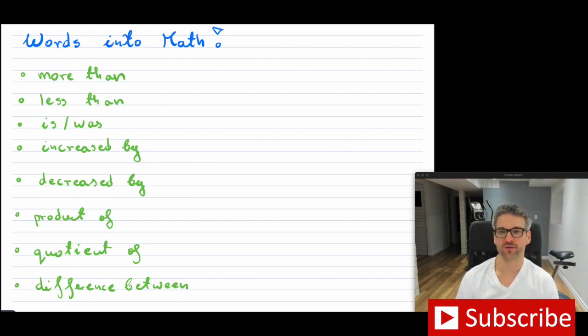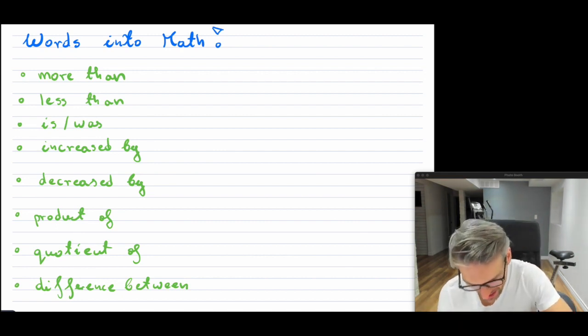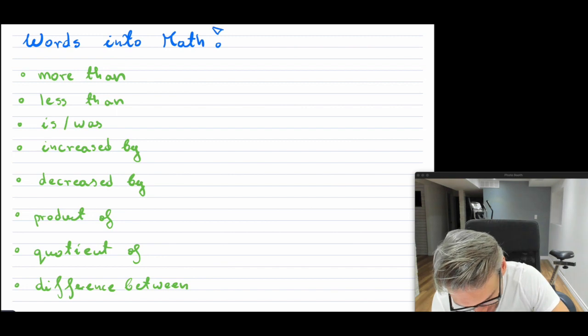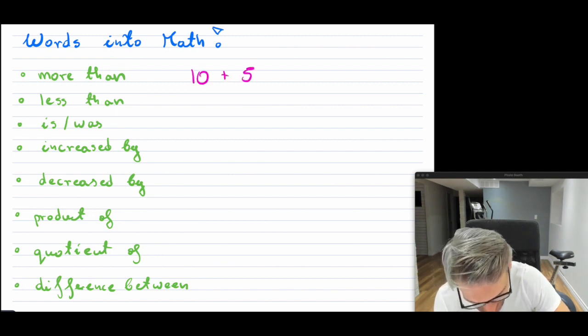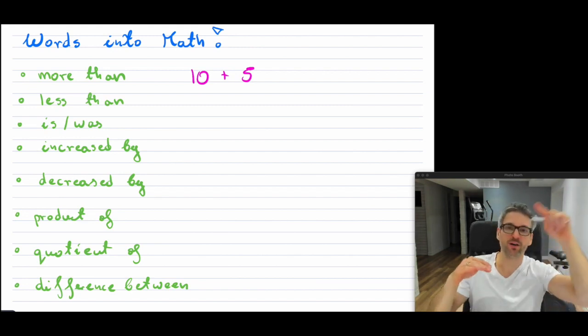So you have something like "more than." For example, I can say 5 more than 10. When you say 5 more than 10, you would write 10 plus 5, because it is 5 more than 10. So it's above 10.